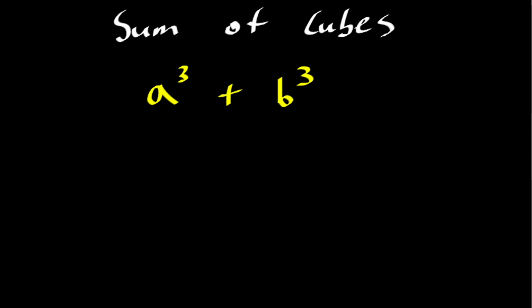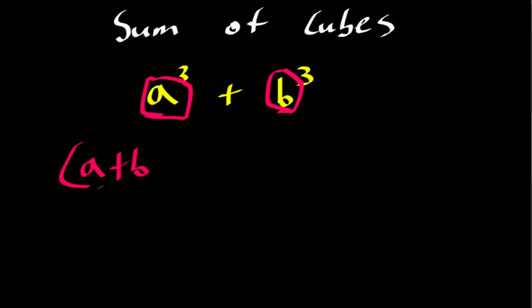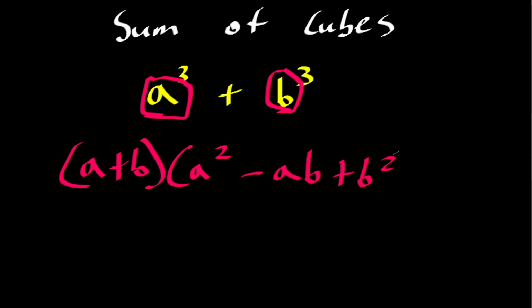If we have two perfect cubes, we can take out this a and b, which is the base of our exponent, and this breaks down to give you a plus b. That's the first factor. The second factor is a squared minus a times b plus b squared.